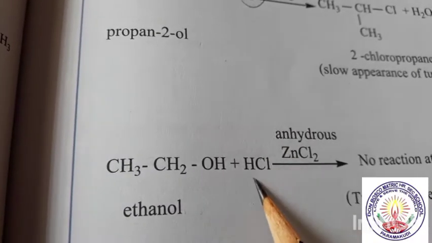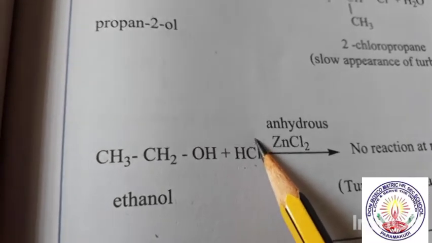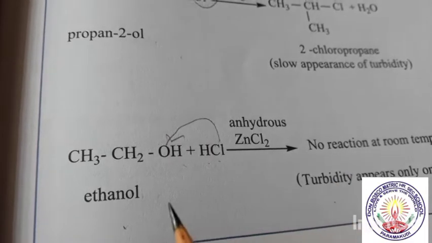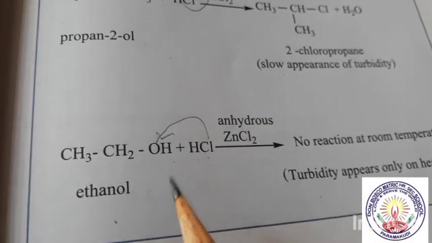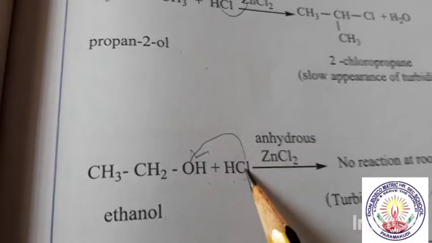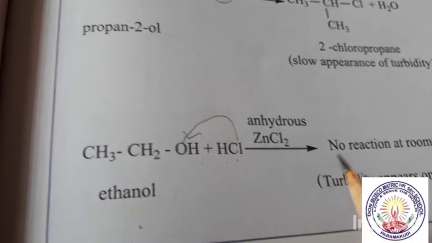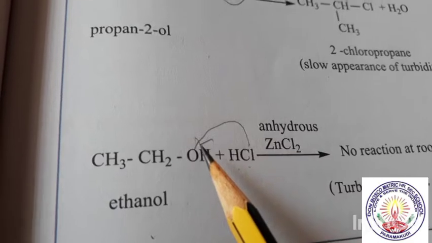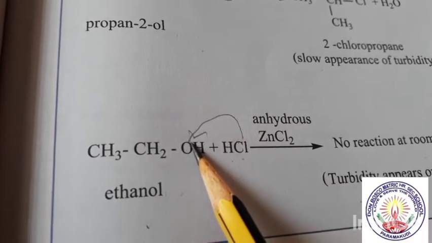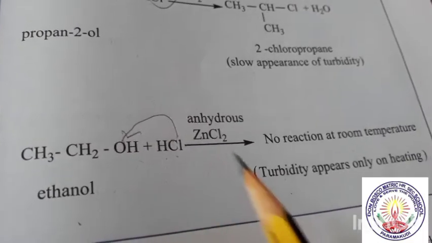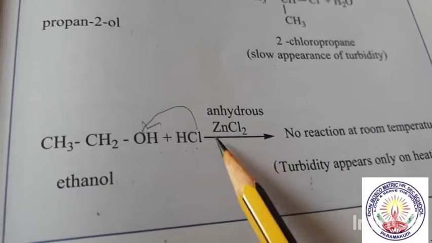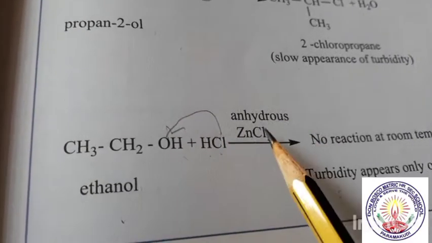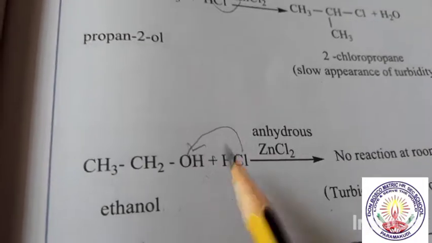When this is treated with HCl, this Cl replaces this OH, and here you see no reaction is taking place at room temperature, but when it is heated, the turbidity appears only on heating.